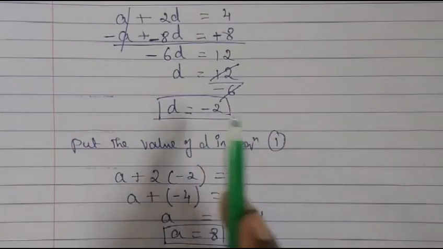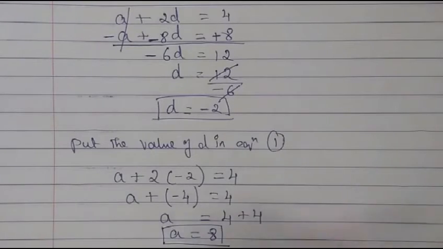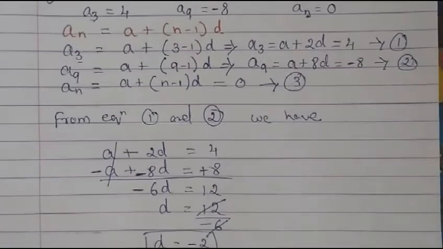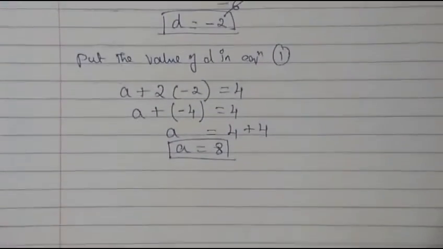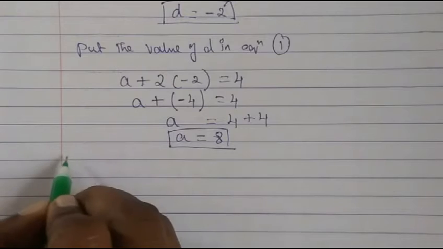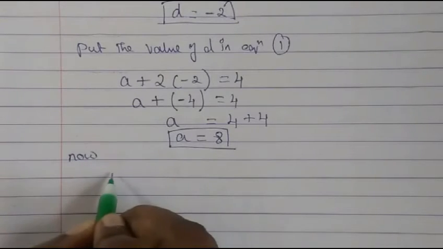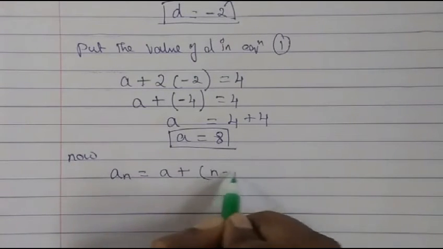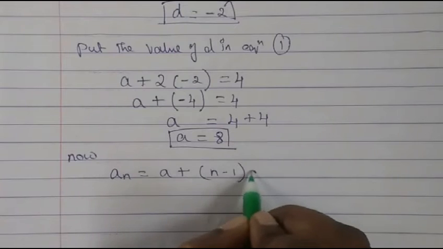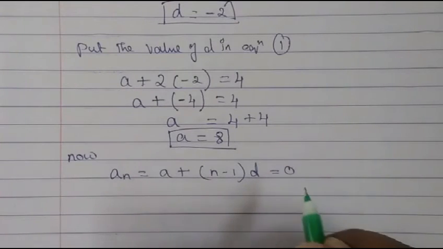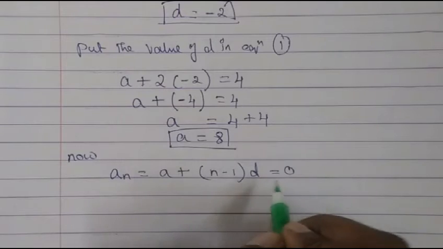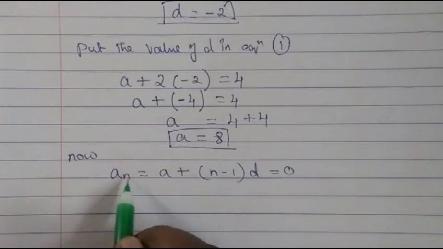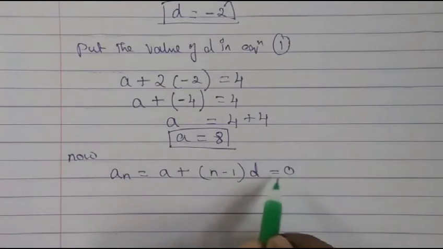Now we know the D value, we have the A value. So let's put it into equation 3. In equation 3, AN equal to A plus N minus 1 D equal to 0. This is our equation, that is AN is equal to 0.